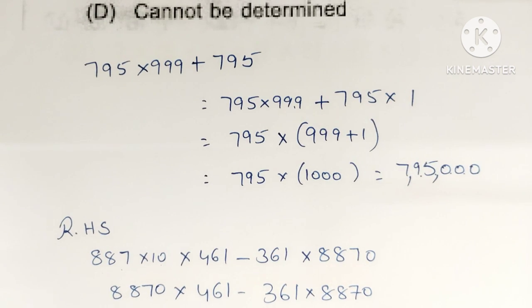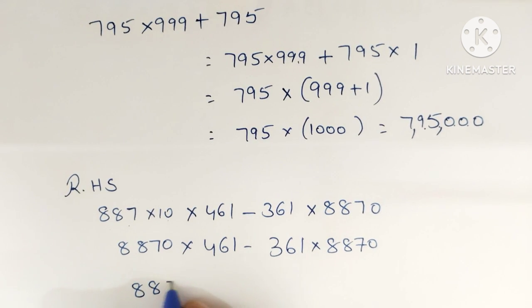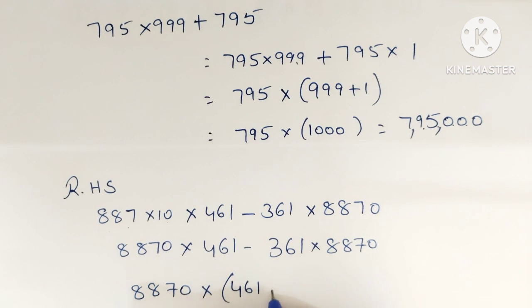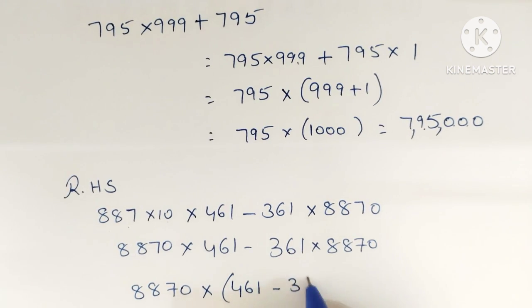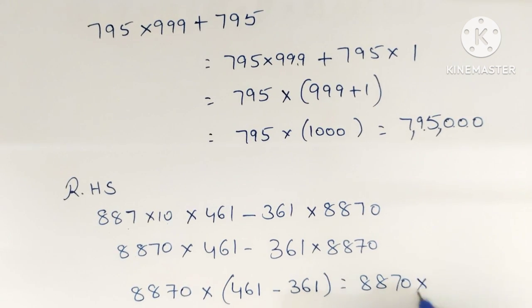Now I am taking 8870 as common. 8870 taking common into 461 minus 361, which is equal to 8870 into 100, since 461 minus 361 is 100.